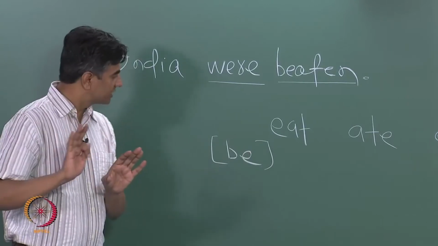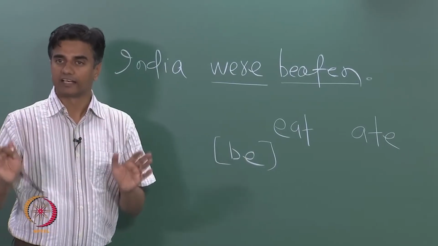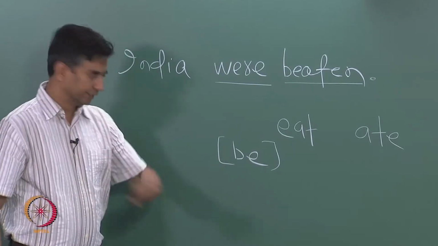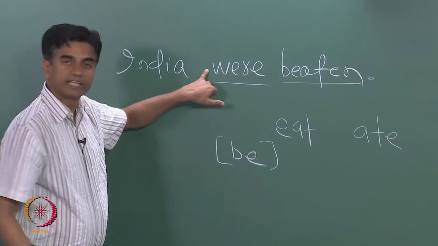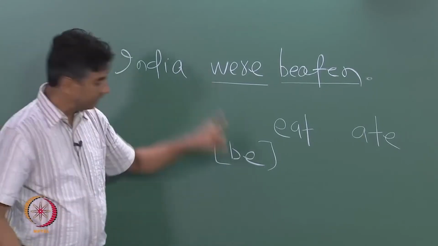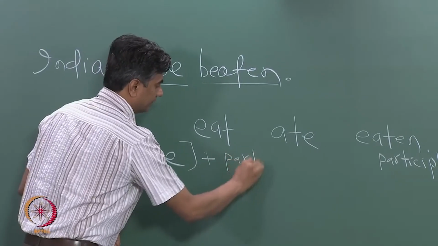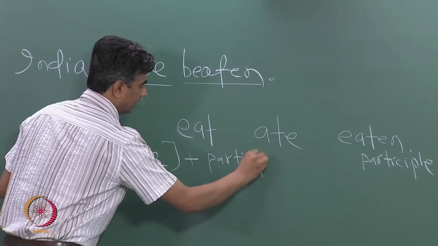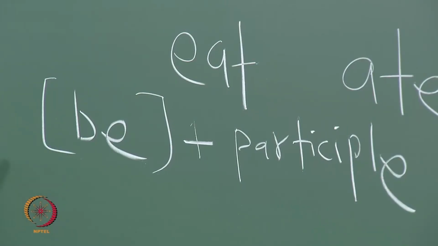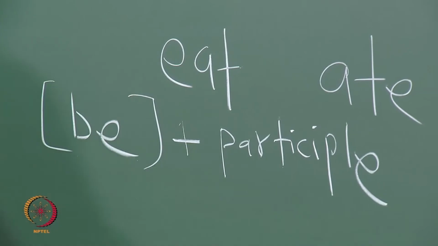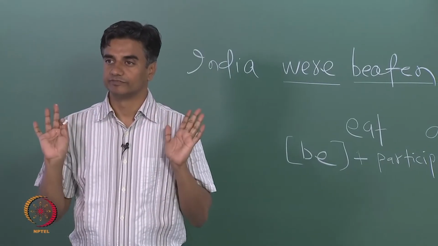But since we are not discussing the historical development of the English language, let's just leave it there. So it's verb be with its appropriate tense and agreement, and then we have participle. This is how we get a passive verb in English.